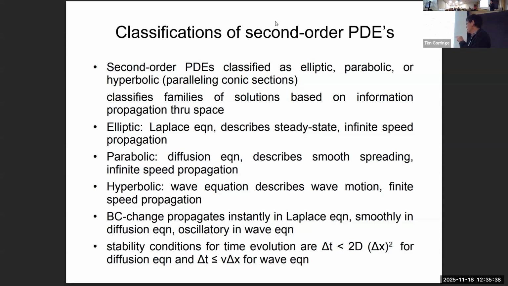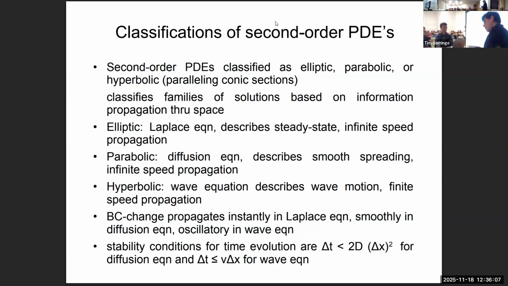The Laplace equation is one of them. The diffusion equation is the second one. And the wave equation is the third one. They're respectively the elliptic, parabolic and hyperbolic partial differential equations. What they differ in, one way of thinking about them, is how information propagates in time.